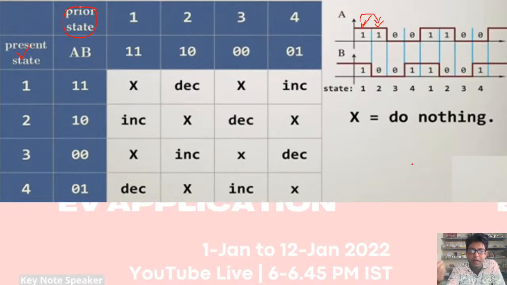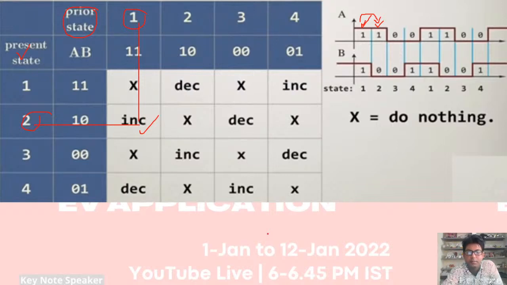That means the pulse should increase. It is rotating in the clockwise direction. So this is my first state and this is my second state. If this is happening, then I have to increment the pulse number.